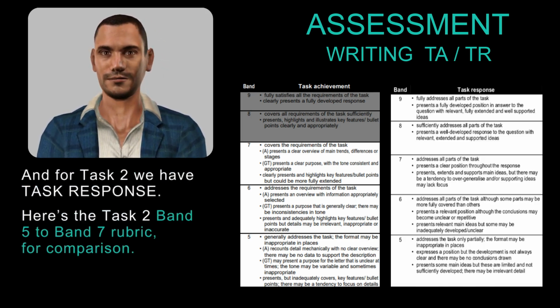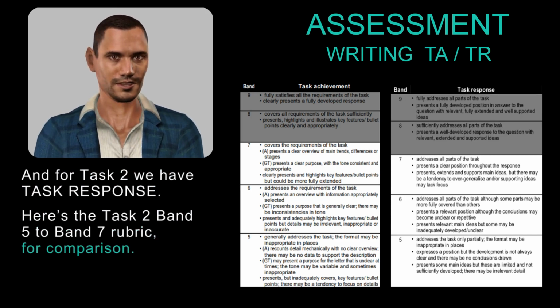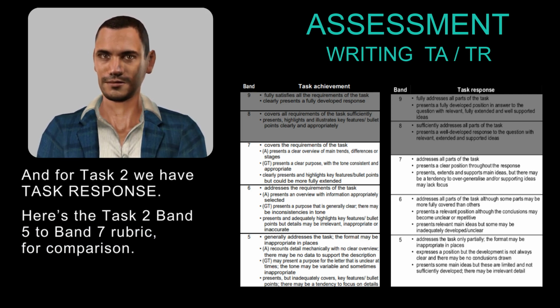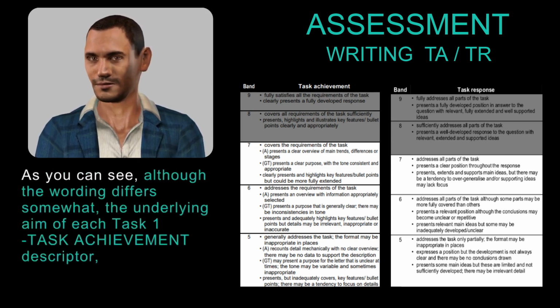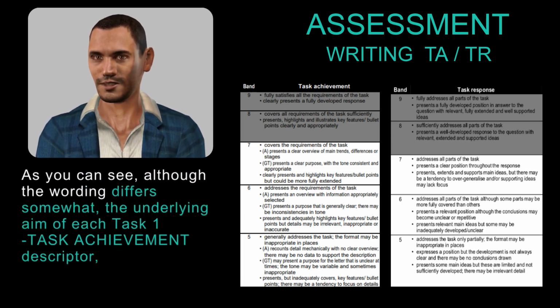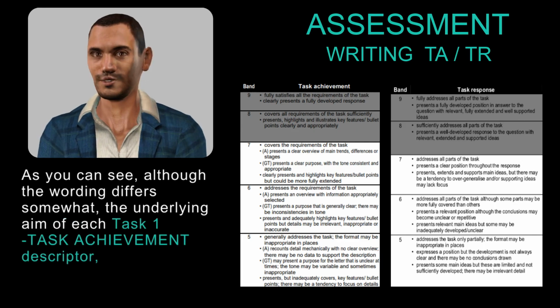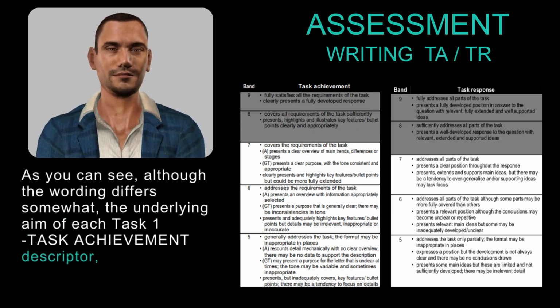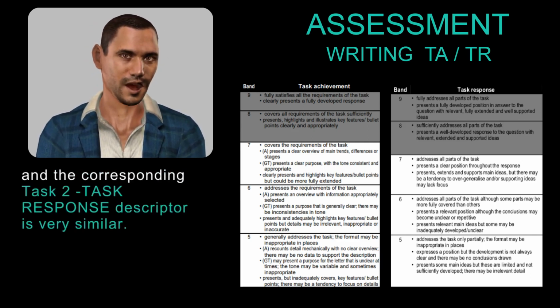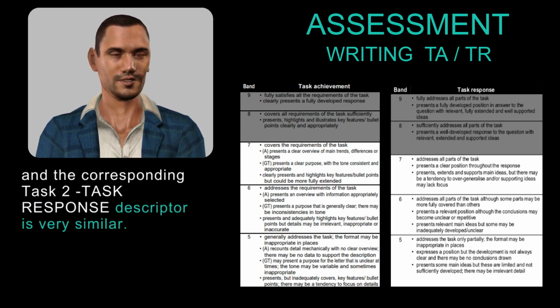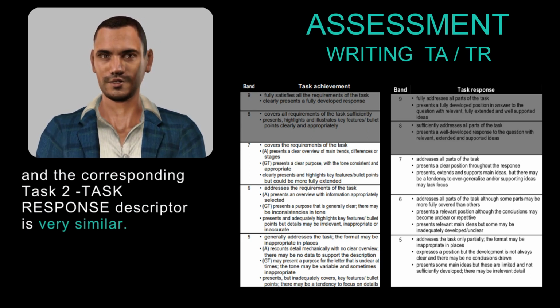Here's the task 2, band 5 to band 7 rubric for comparison. As you can see, although the wording differs somewhat, the underlying aim of each task 1, task achievement descriptor, and the corresponding task 2, task response descriptor, is very similar.